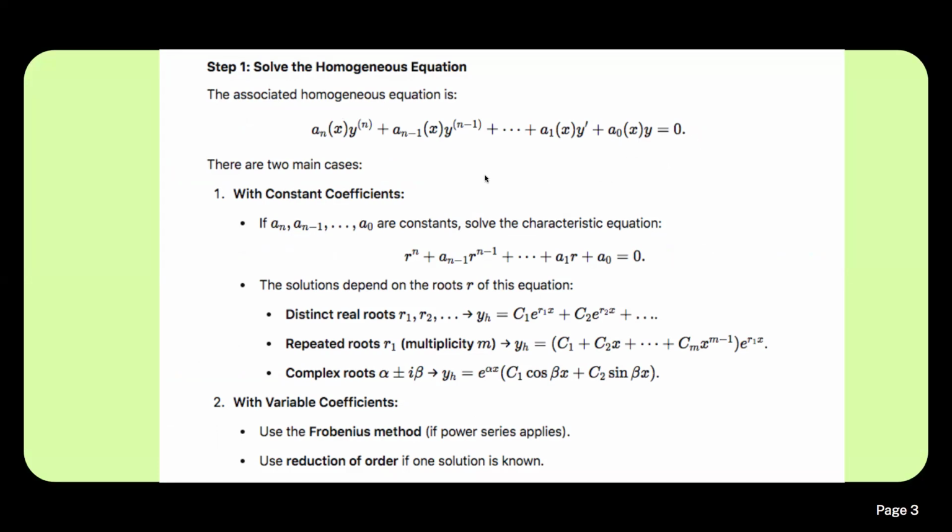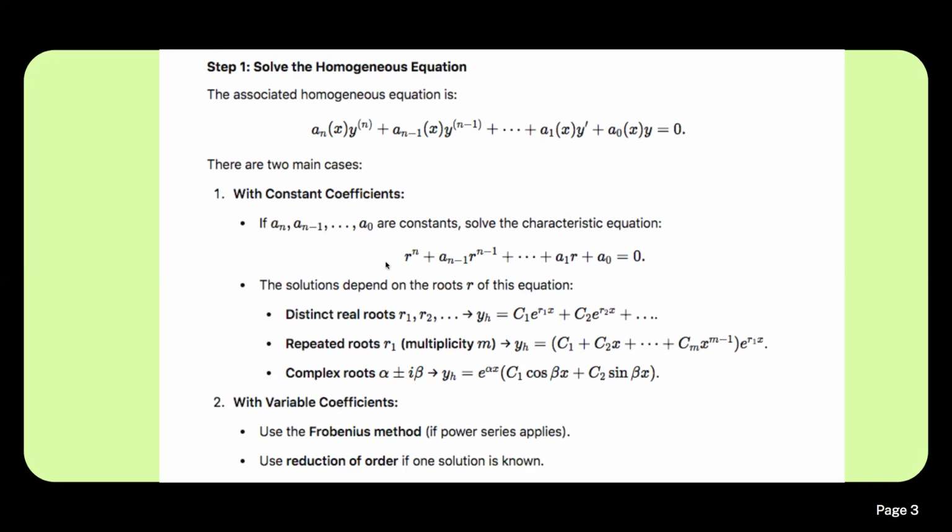Okay, and how to solve it? There will be 2 main cases: with constant coefficients and with variable coefficients. Today we are going to talk about the way with constant coefficients.